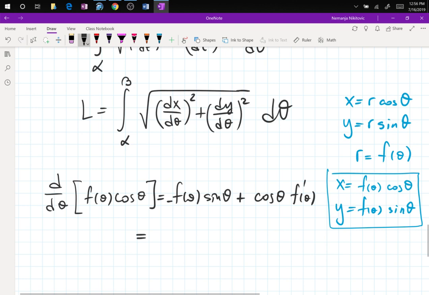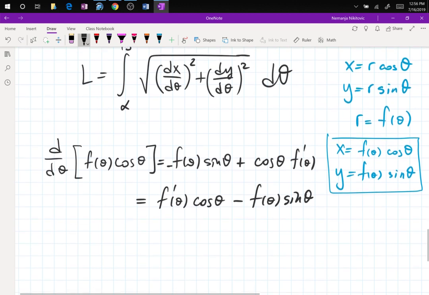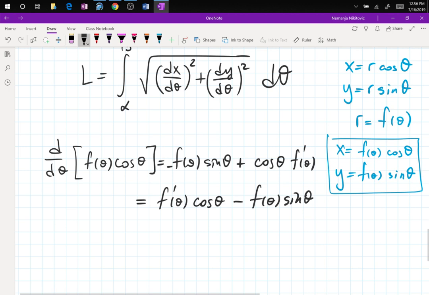And now, because the first term has a negative, just write f prime of theta cosine theta minus f of theta sine theta. So all I did is I took the derivative of x and I came up with the first rule.